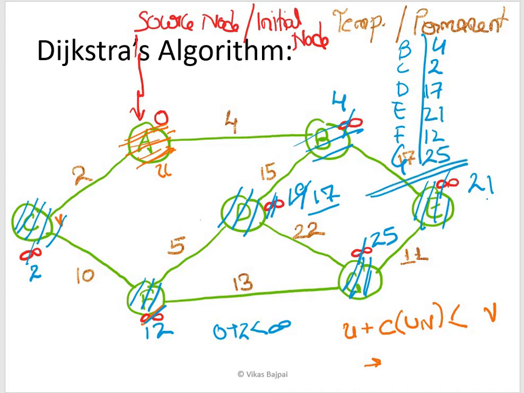This is the overall cost from this single source or the initial node, and that's how this Dijkstra algorithm works.